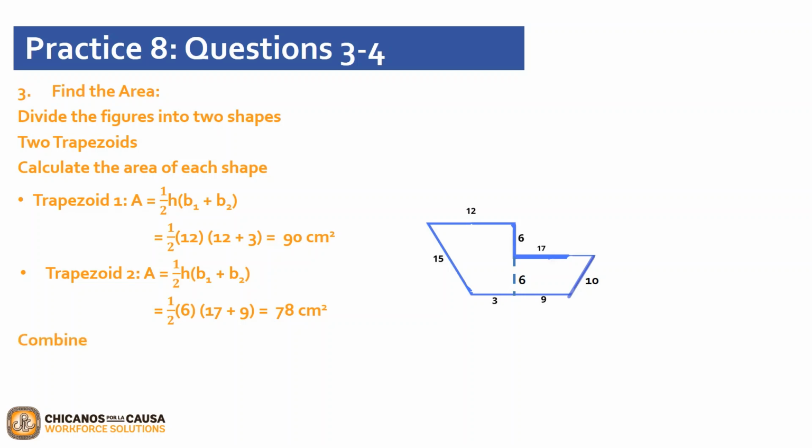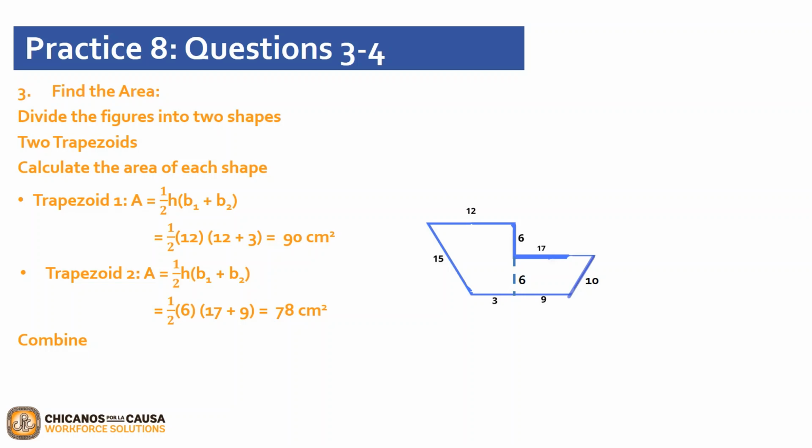Now we're only using half of the height that we use on trapezoid 1, because if you look at trapezoid 2, it is a smaller one, and it's only using half of the height that the other trapezoid is using. Therefore, we're only going to use 6. And base 1 equals 17, and base 2 is 9. So when we calculate that formula, we have a total of 78 squared centimeters.